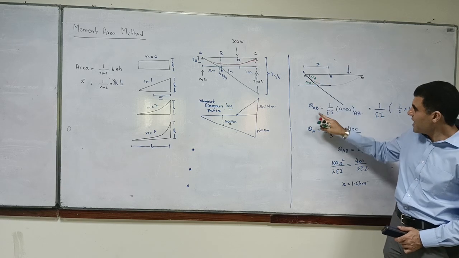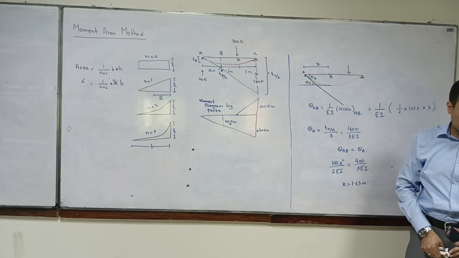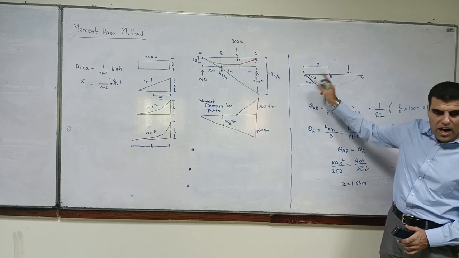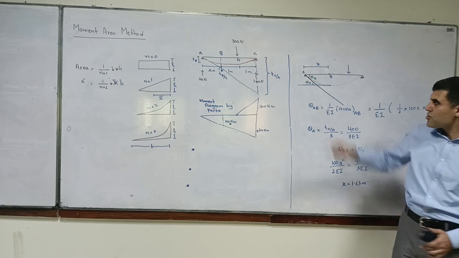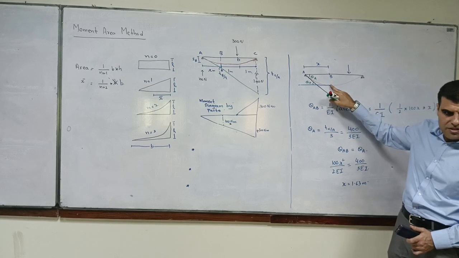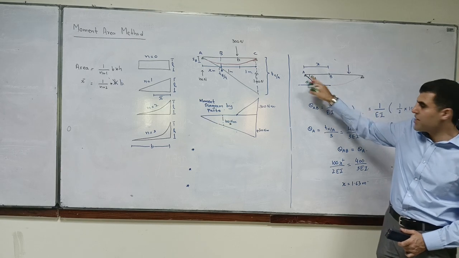So theta A is equal to theta AB. Okay, these two are equal. So this one is theta AB, this one is theta AB, and that one is theta A.